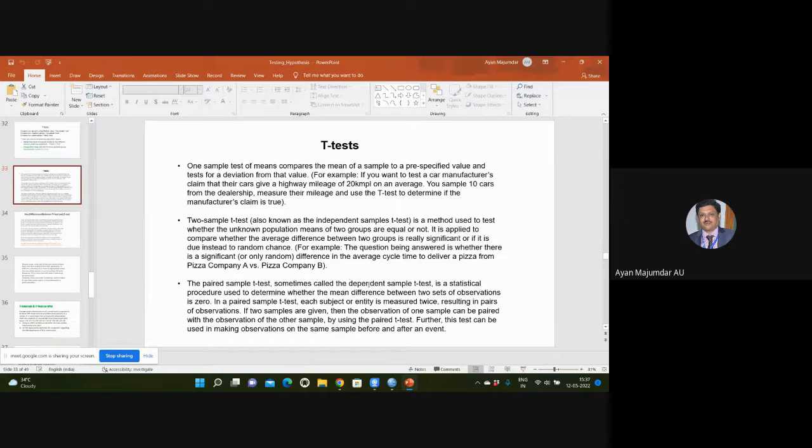It is also called the dependent t-test. It is a statistical procedure used to determine whether the mean difference between two sets of observations is zero. So we will pair and test whether there is any significant difference between them. Or it can be used to measure results in pairs of observations.